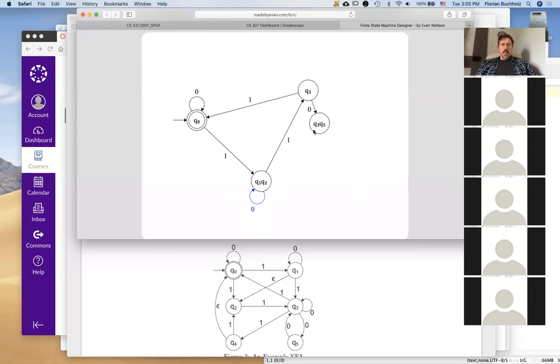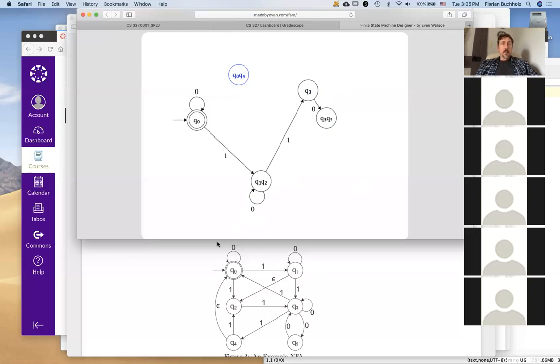All right, so next state to consider. I did forget one. Thank you. All right, so that's that one and that one. So we are not going this way. We need a new state, Q0, Q4.